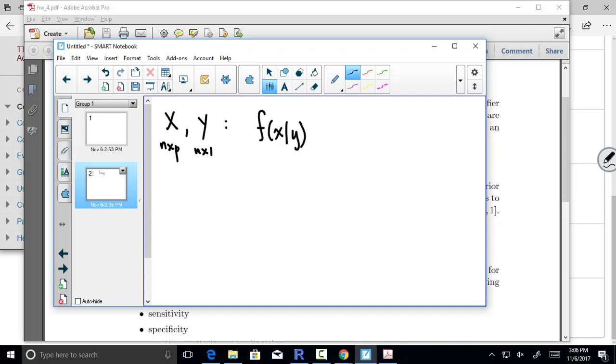It's not p numbers, it's just 1. And y is, are you obese or not? Maybe x is BMI, y is obesity status.